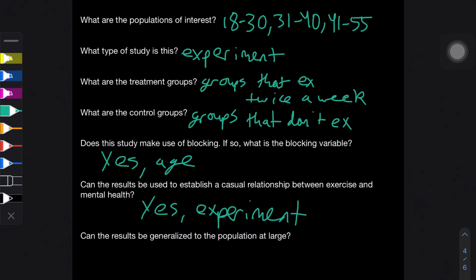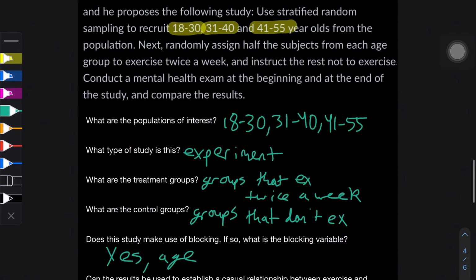The next question asks, can the results be generalized to the population at large? Yes, they can, because we took a good sample from the stratified. So we stratified, random sampled the 3 groups, and then we randomly sampled from inside those groups.